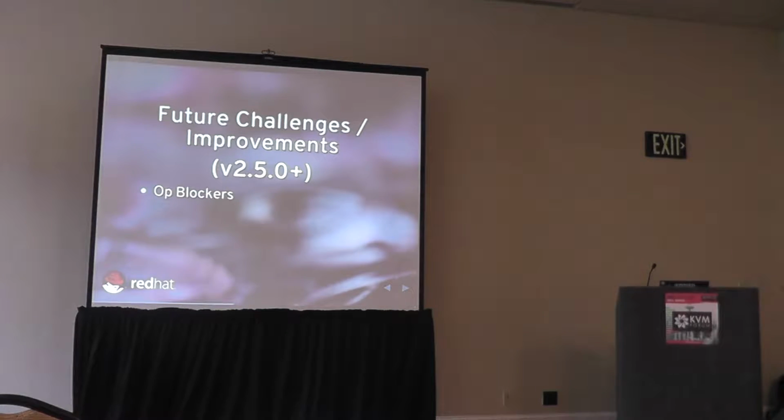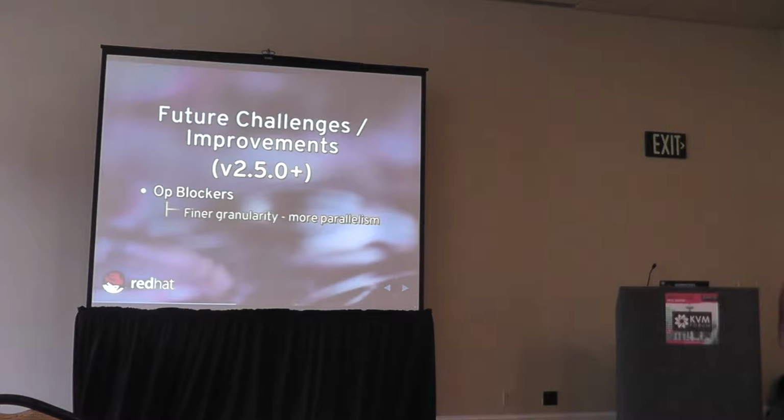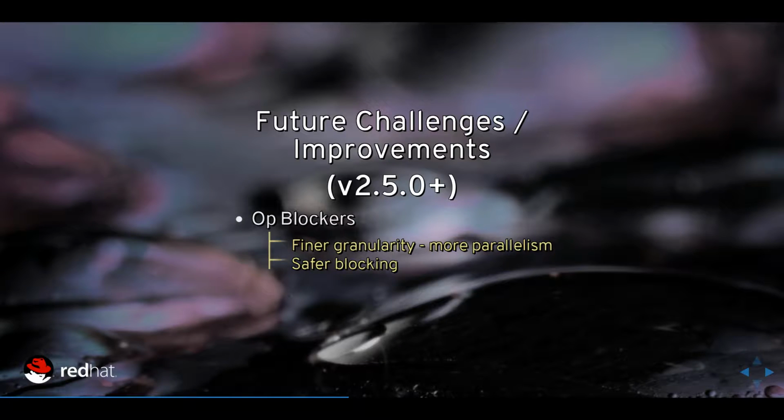We don't want to modify contents when it's not expecting to be modified, or when there's other operations or items in the chain that expect the contents to be in a certain state, and then we modify that. We do have operational blockers in place in the code that's been around for a while, but what we want to do is add some finer granularity to that, be able to run more block jobs in parallel, and also improve some of the locking safety that we currently have.